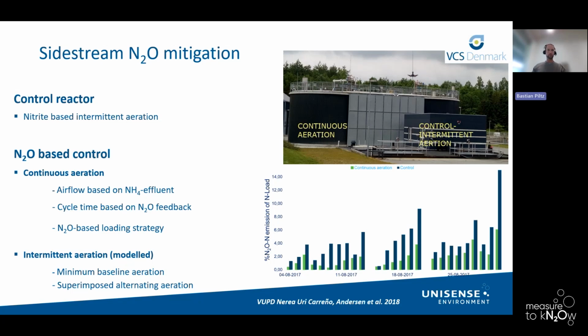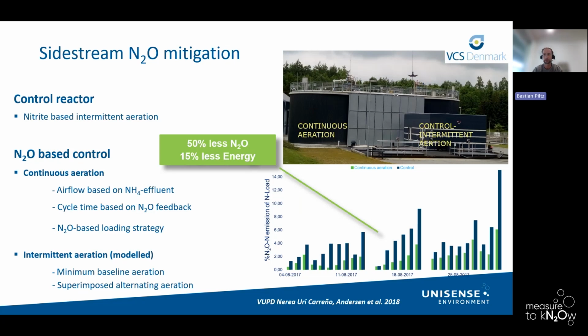The most practically effective one was a continuous aeration where the airflow was based on ammonium in the effluent, and then a cycle time as well as a loading of the reactor based on nitrous oxide in the feedback loop with an online sensor. And they have shown over this testing period that 50% less nitrous oxide has been formed with this operational strategy, as well as a lower energy consumption.